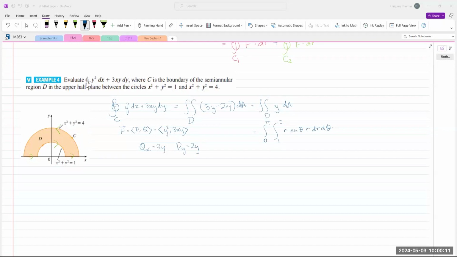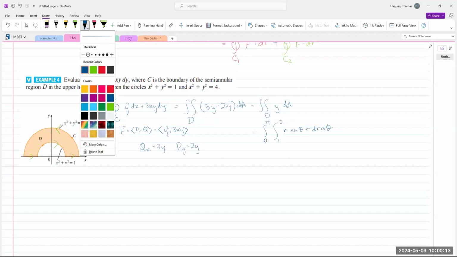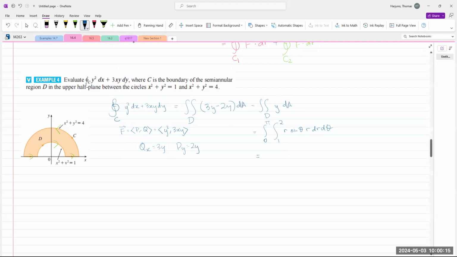And notice, I hope you remember, this is a double integral over a quote-unquote rectangular domain. I know it's actually in polar, but if you look at that, it is a rectangular domain, and the integrand is separable, right?